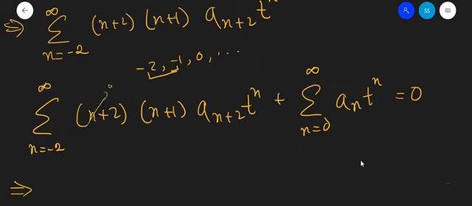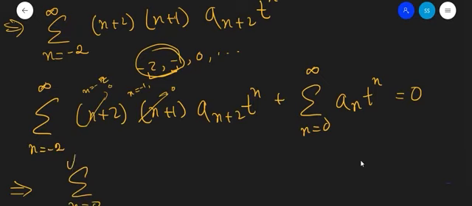And when n equals minus 1, this part goes to 0. That means these two won't contribute anything. So again, the non-zero contributions will come starting from n equals 0.